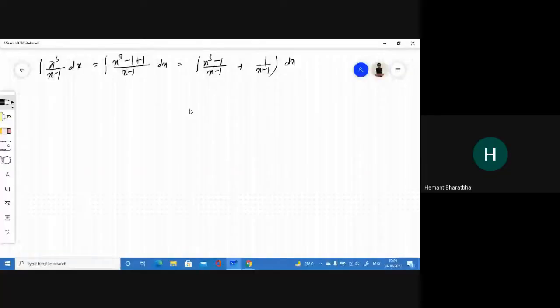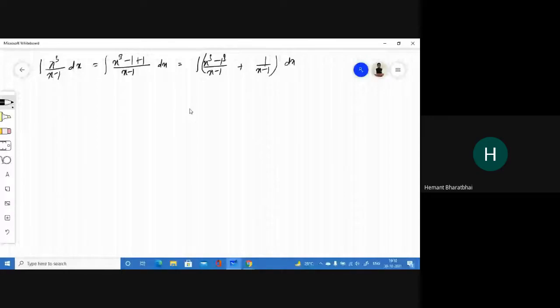I have purposely done this adjustment, and this 1 can be written as 1 cube. So we have this formula a cube minus b cube is nothing but (a minus b) into (a square plus ab plus b square). And then I can cancel out the x minus 1 and x minus 1, and that is why I have done this adjustment. Okay? Because we don't have a direct formula for this.